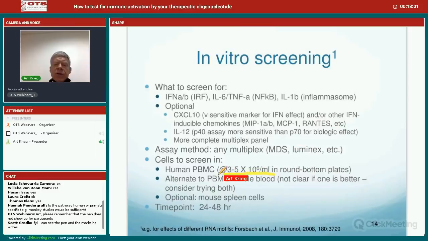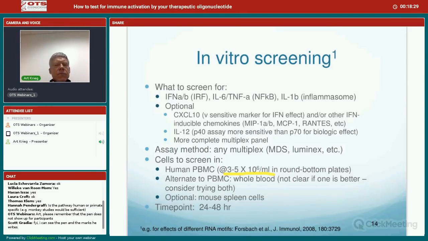Now, an alternative to PBMCs that's widely used, especially with people developing LNP formulations of RNAi, for example, is the whole blood assay. And there have been some reports that whole blood assays may be more sensitive than PBMC assays for detecting immune effects. In our hands, we haven't found that, at least testing with antisense DNAs and in some RNAis.